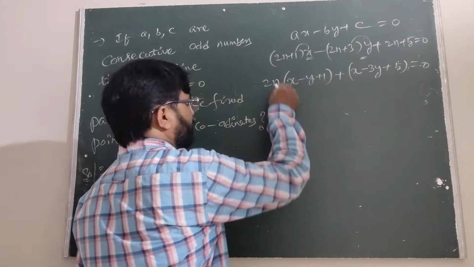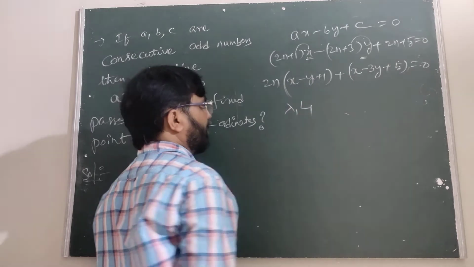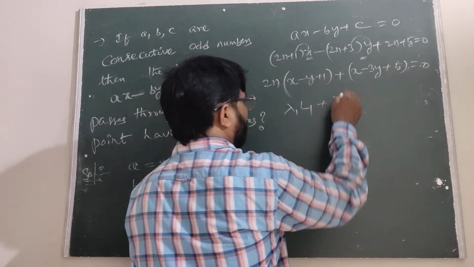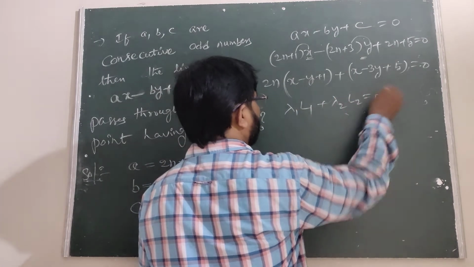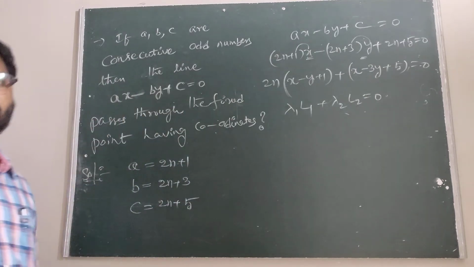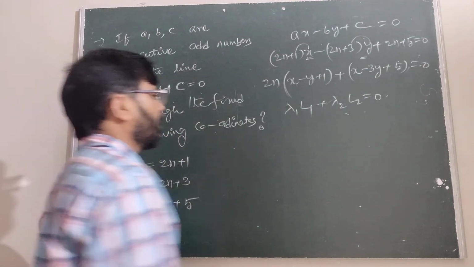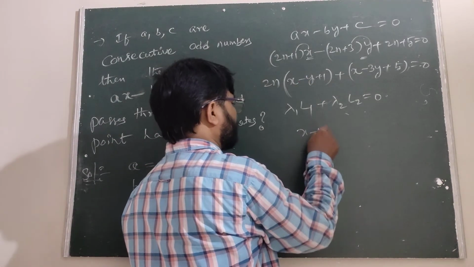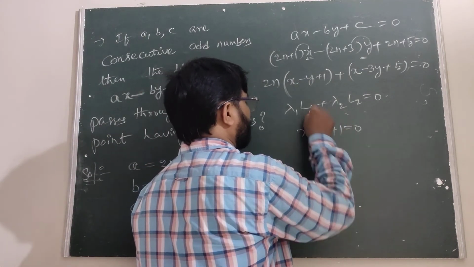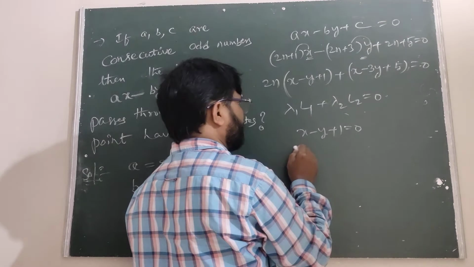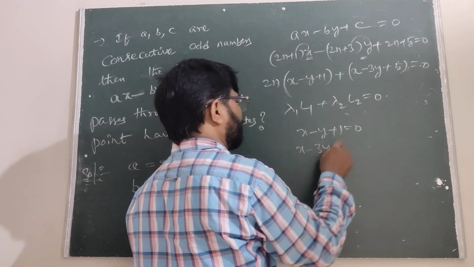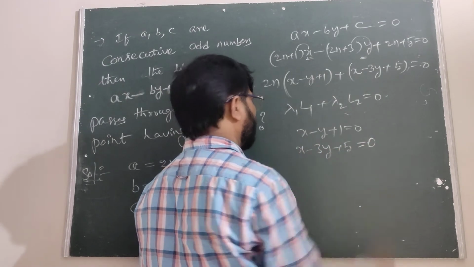Now we have to compare with lambda 1 L1 plus lambda 2 L2 equal to 0. This represents a family of lines. In this family of lines, one line is x minus y plus 1 equal to 0, and another line is x minus 3y plus 5 equal to 0.